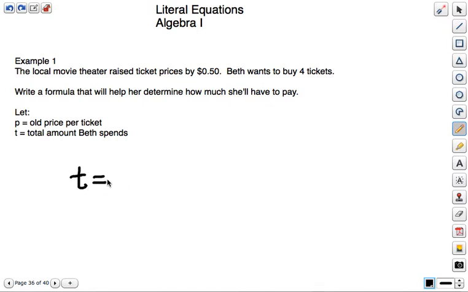Okay, so we have T equals, and we know that the old price for ticket is P, and we know that the ticket prices were raised by 50 cents, so that means they're going up, so we want to use addition. So we have P plus 50 cents.